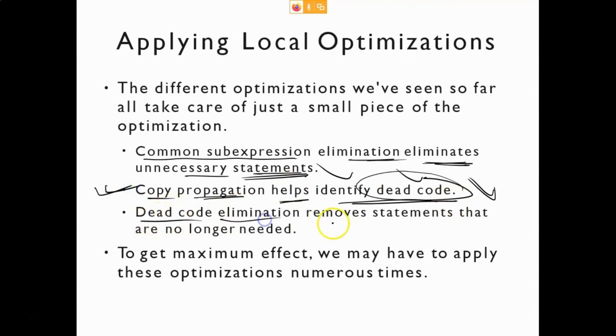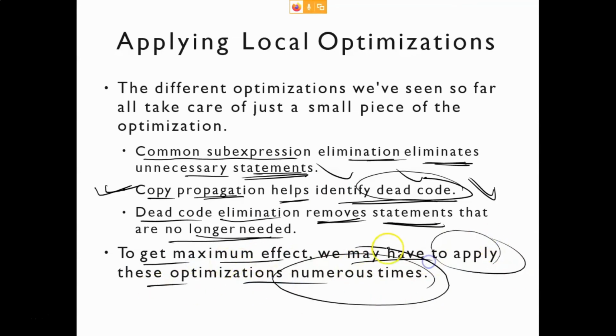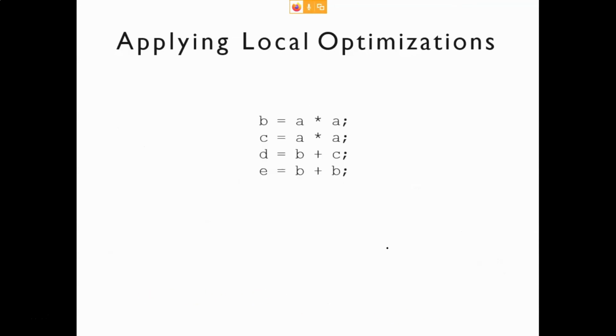And dead code elimination removes the statements which are not used, which are no longer needed, because they are not used afterwards. Now, to get the maximum effect, we may have to apply these optimizations numerous times. Actually there is no fixed procedure here. Let me give you an example.